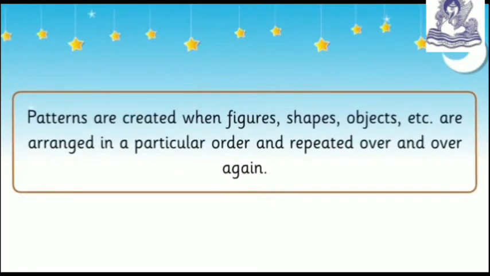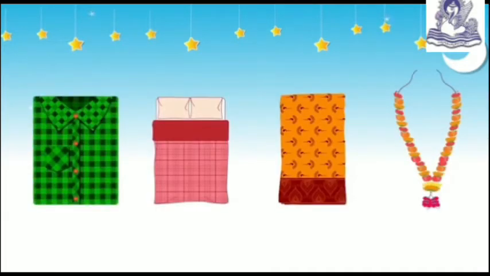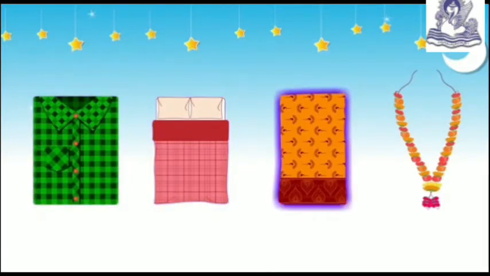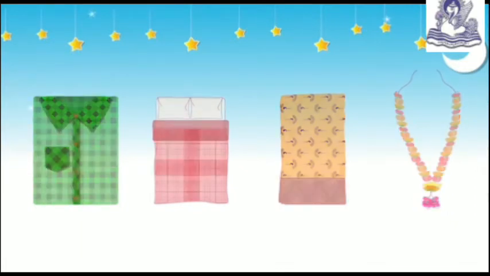Patterns are created when figures, shapes, objects, etc. are arranged in a particular order and repeated over and over again. We all must have seen the different kinds of patterns in our daily life, like on cloths, bed sheets, saree borders, garlands, etc. Look at the bracelet.